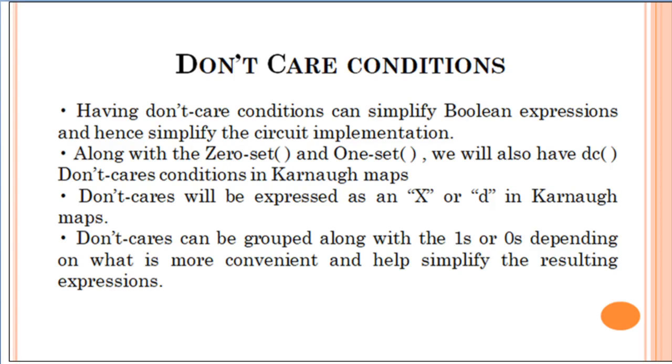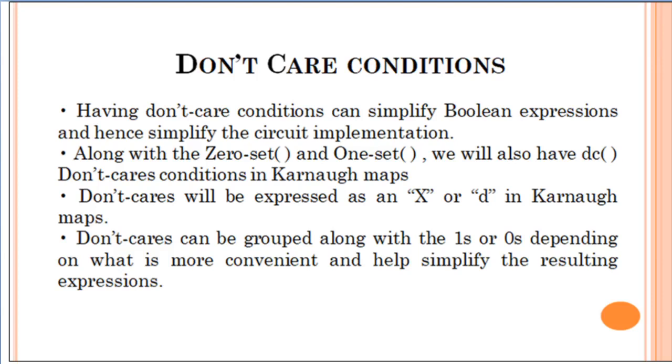These binary numbers, these 4-bit numbers become the unwanted or invalid BCDs. Because of that, we put these 6 unwanted input numbers into the category of don't care. Having don't care conditions can simplify the Boolean expression and hence simplify the circuit implementation.